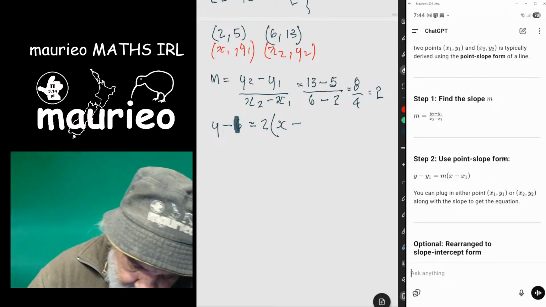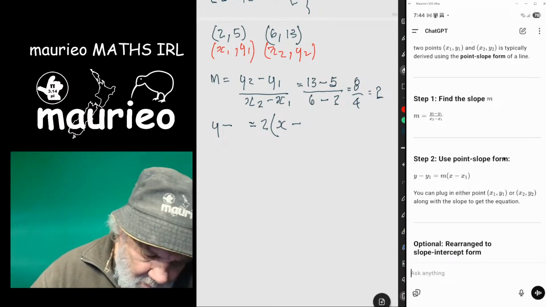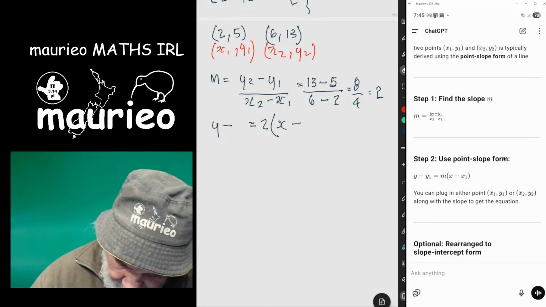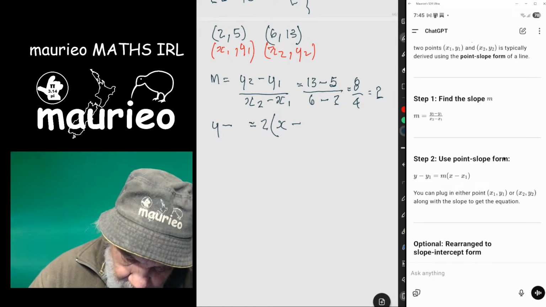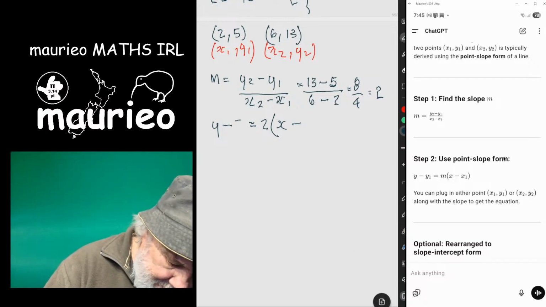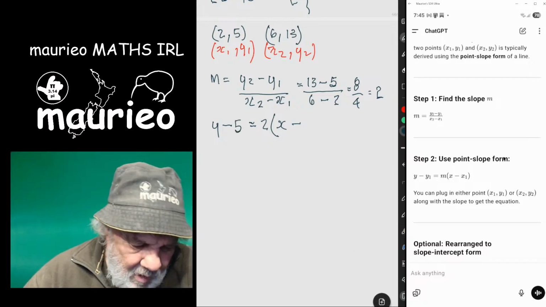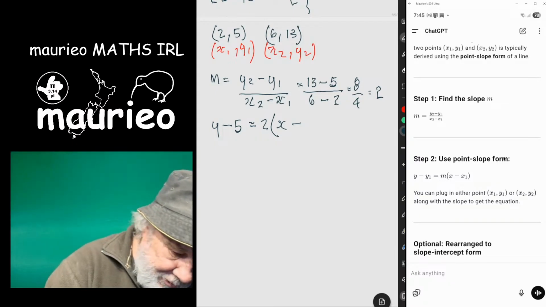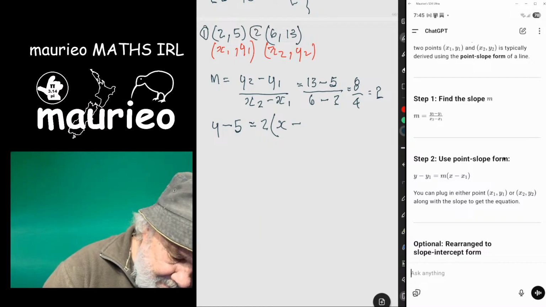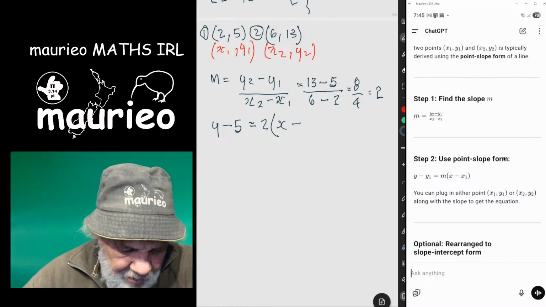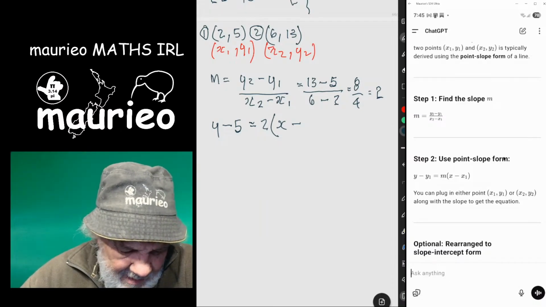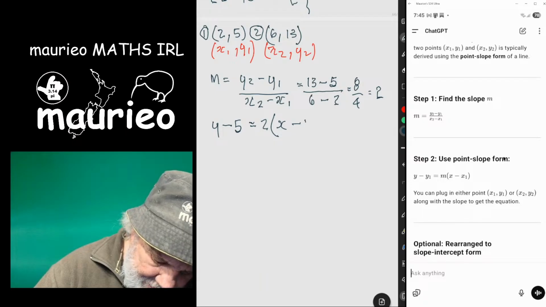Oops. Y minus y1, that should be 5. Yeah, we just used the 1. So this is point 1, this is point 2. Okay, so we just used y minus y1 equals m times x minus x1, which is 2.